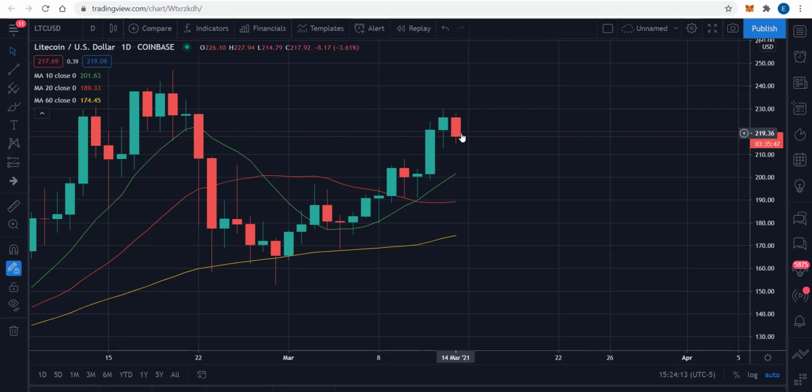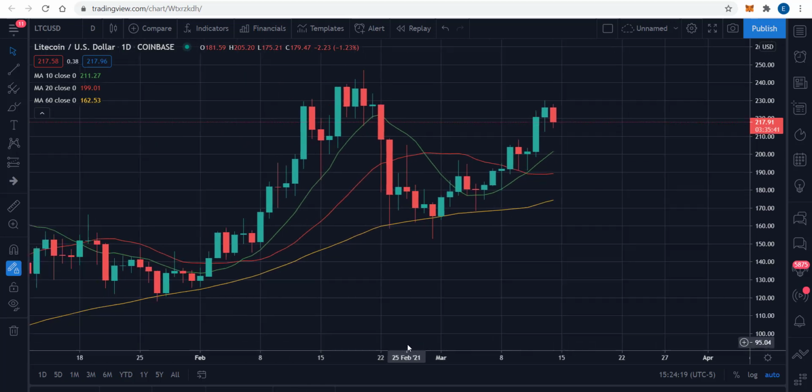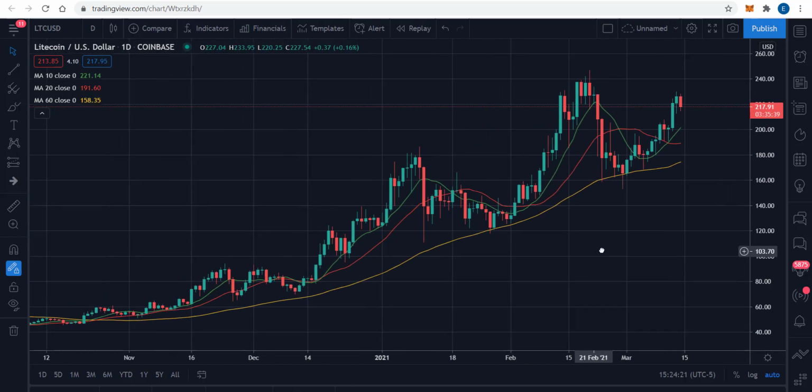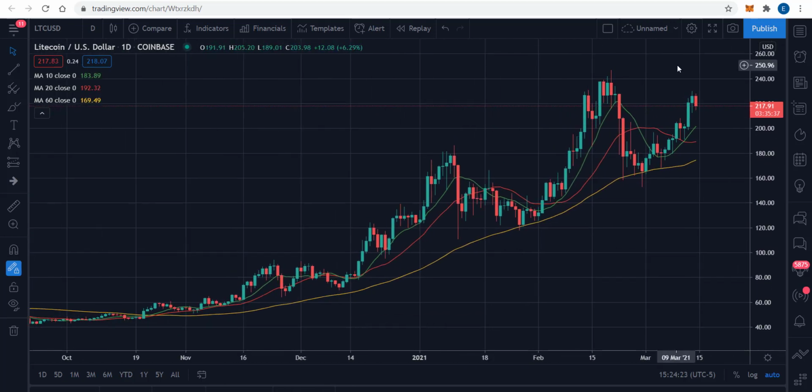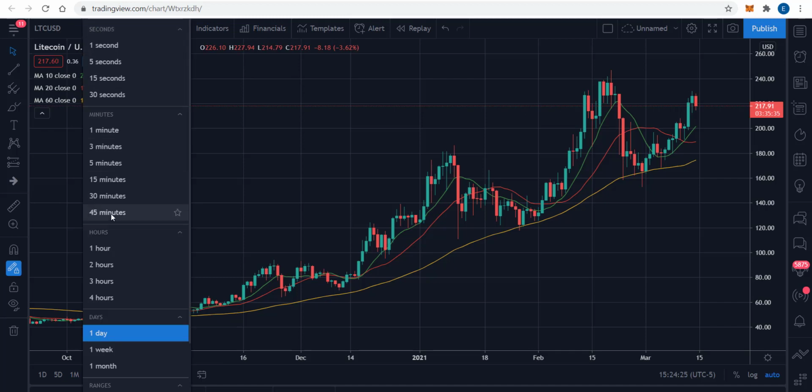Maybe we'll get a second day, but I'm kind of expecting this thing ultimately to retest that high. It could happen soon. It might take a while to do it. I don't know, but let's take a look at some other time frames.